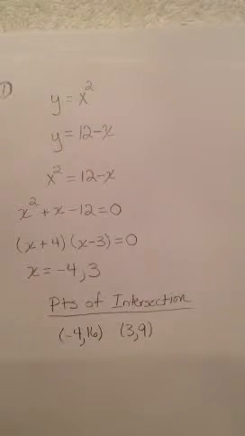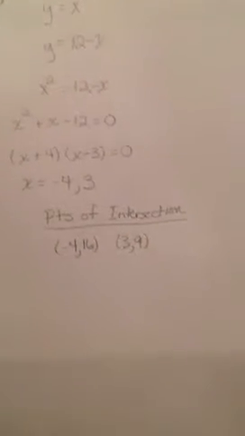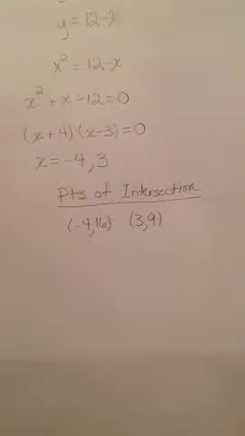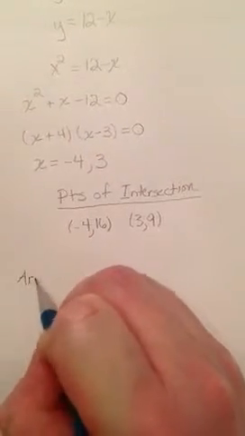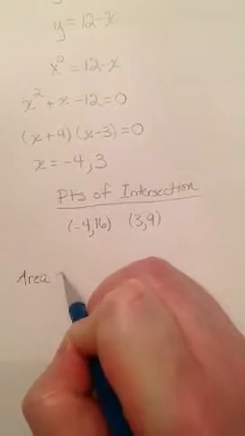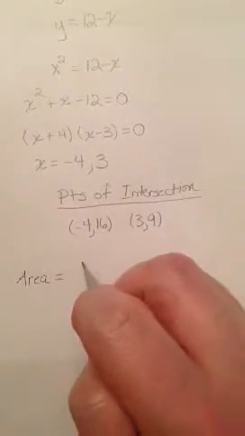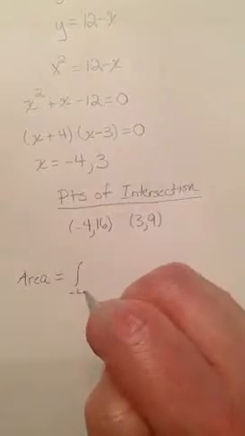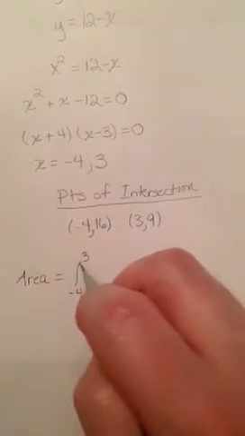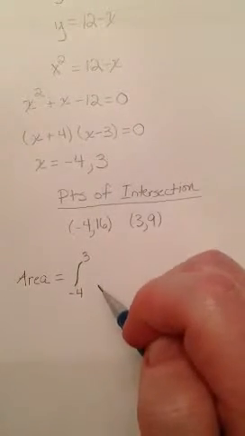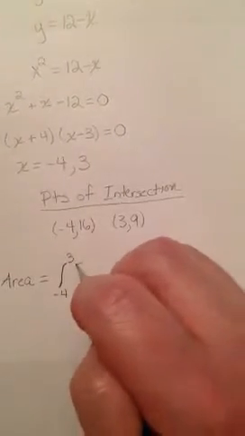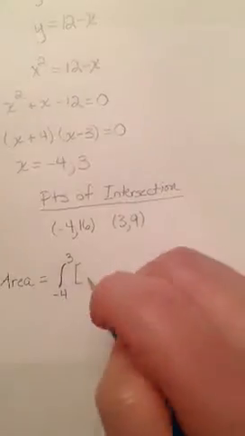And so we have for the area, if we determine by integrating with respect to x, as x proceeds from -4 to 3, 12 minus x, again, is above x squared.